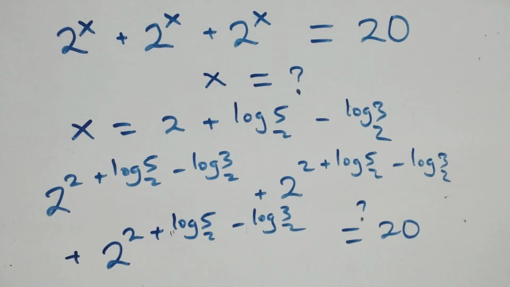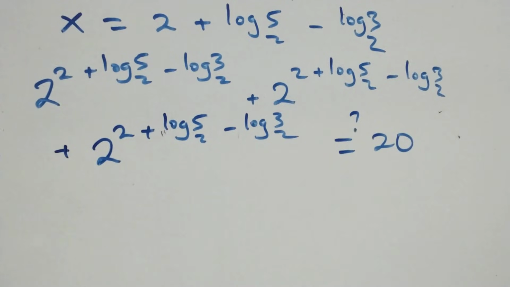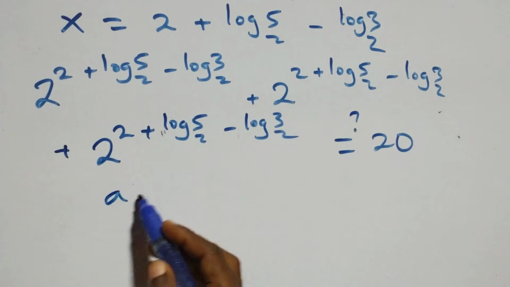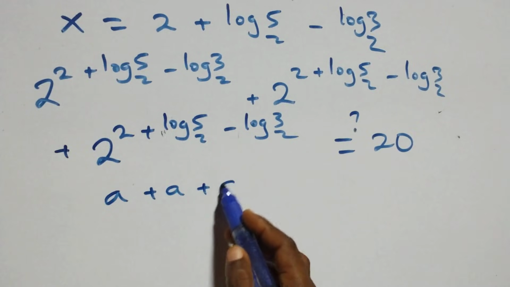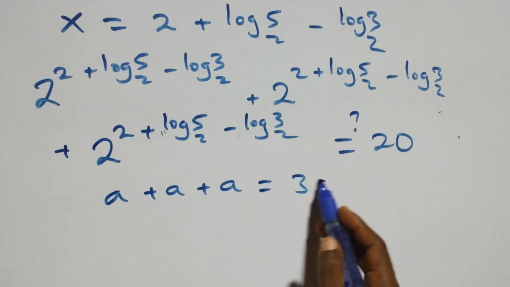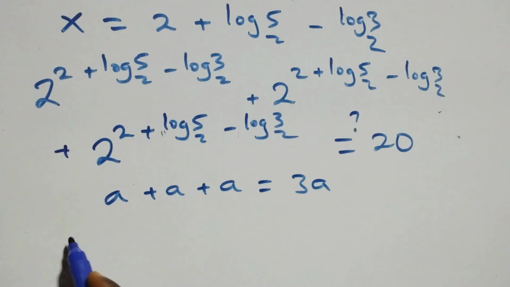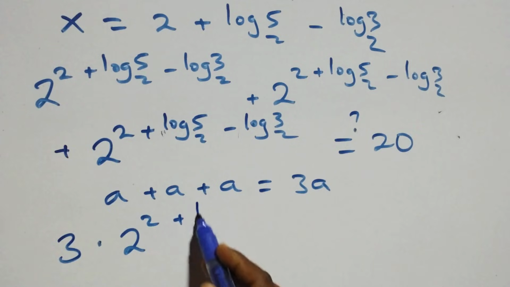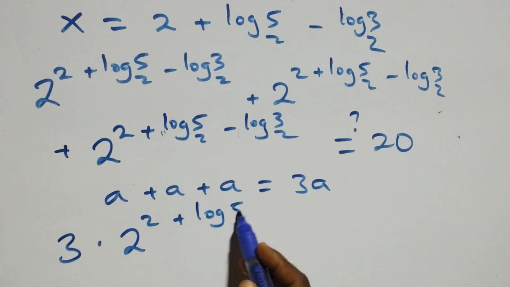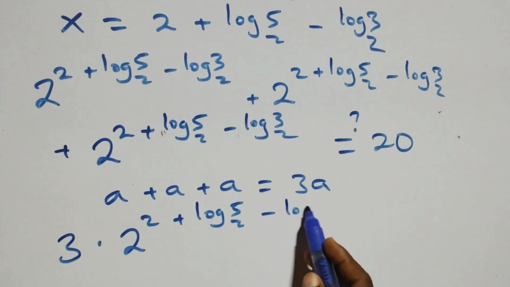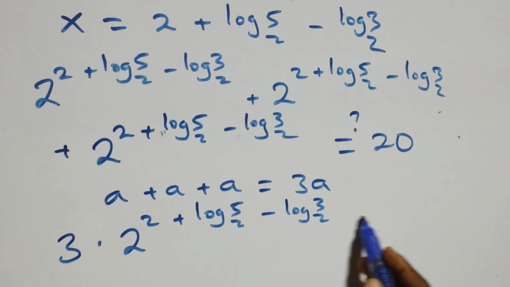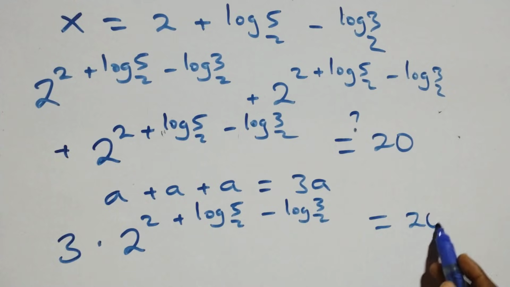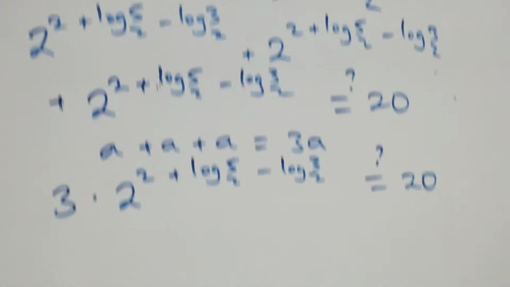Then this follows what we had, the same thing together 3 times. When we have a plus a plus a, it is the same thing as 3 times a. That is, here we have 3 times 2 raised to power 2 plus log 5 base 2 minus log 3 base 2 equals 20 on this side.